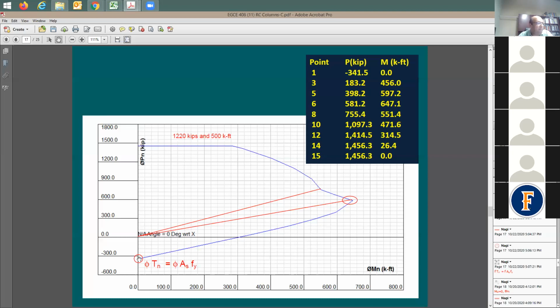I thought this was in compression last time. Is it compression because it's negative? No, this is tension side. Only for column design and for this specific chart. So this is gonna be compression side and this is gonna be the tension side.